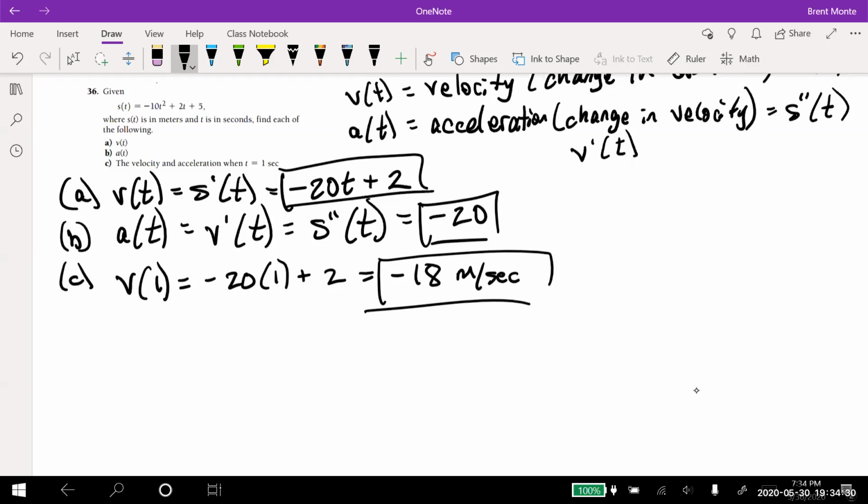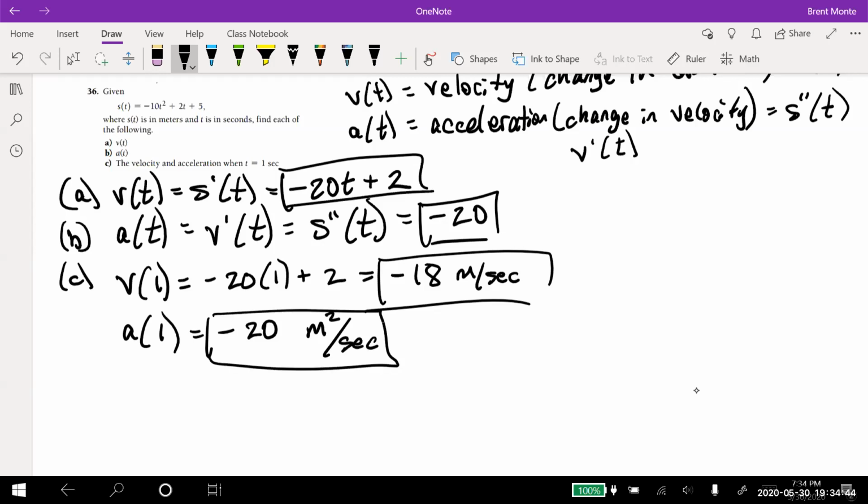My acceleration after 1 second is just negative 20. There's no place to plug in the 1. I just keep the negative 20. That's in meters per second squared. But that's it, a nice quick example.